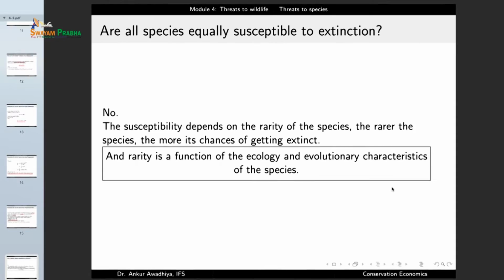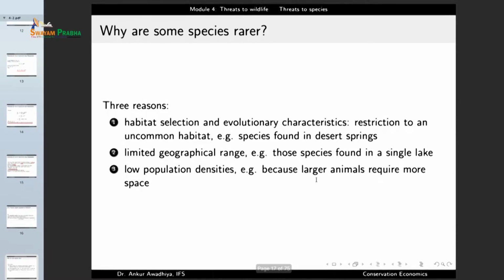Rarity is a function of the ecology and the evolutionary characteristics of the species. The rarer a species is, the smaller its population already is. Probably it is localized in a very small area, and this rarity would mean that the small population paradigm would act very fast, and if the small habitats where these organisms are found are lost, we will lose these species.